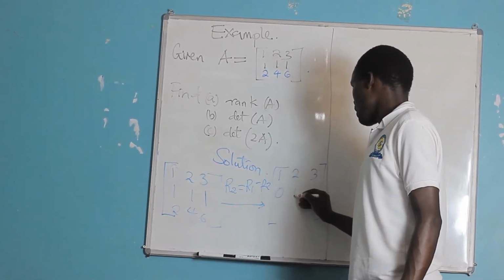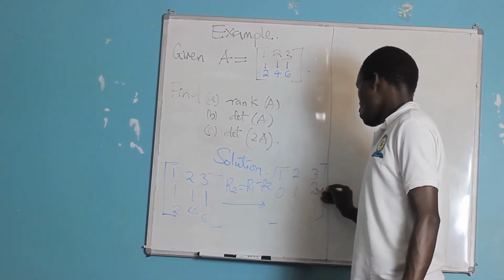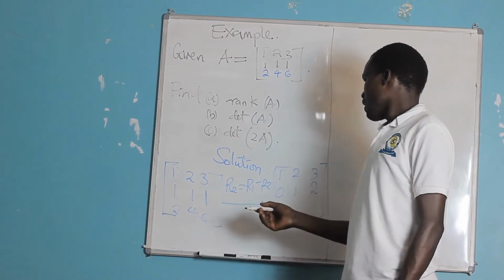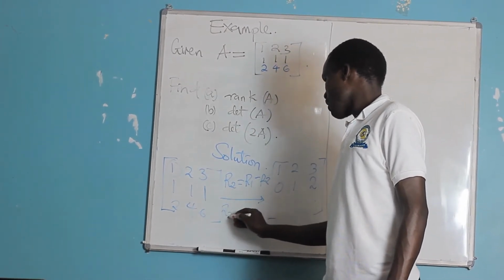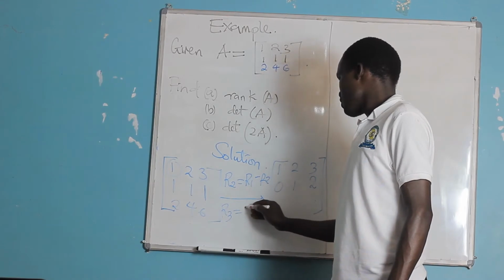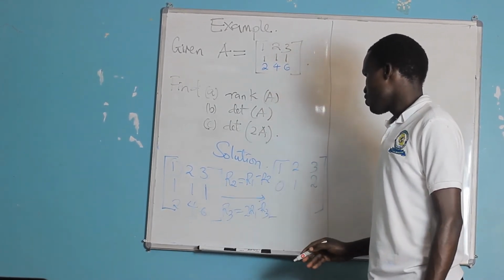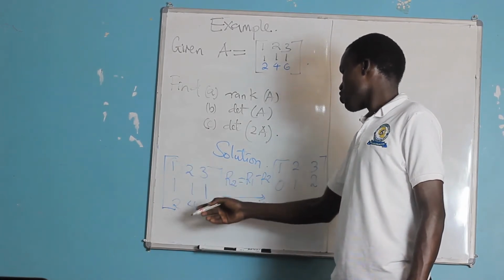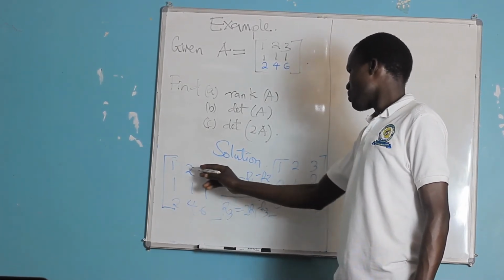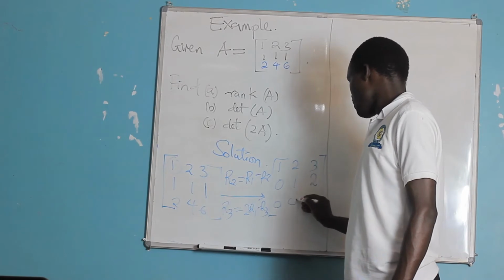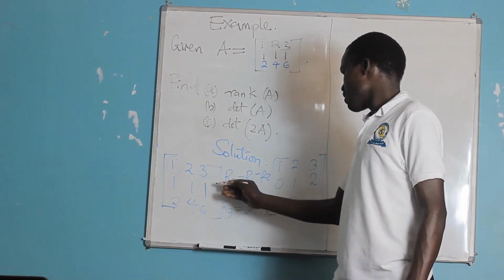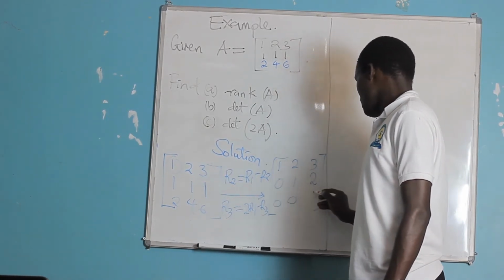This one and this one is 1. 3 minus 1 is 2. And also for row 3, it's R3 minus 2 R1. So 2 times 1 is 2, minus 2 is 0. 2 times 2 is 4, 4 minus 4 is 0. And 3 times 2 is 6, 6 minus 6 is 0.